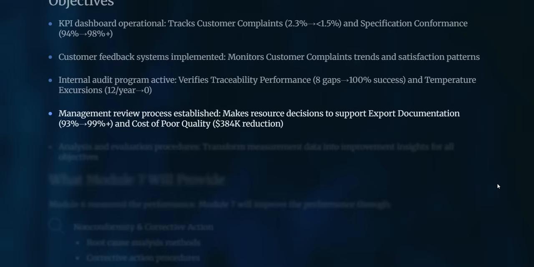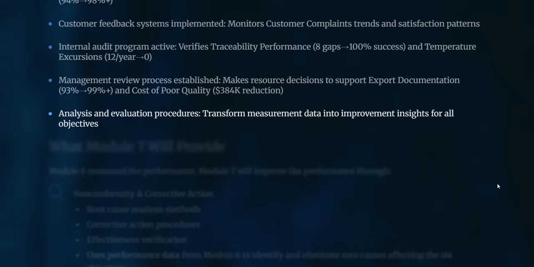Then the management review process has been established, which makes resource decisions to support export documentation accuracy improvement and reduction of cost of poor quality. And then we also have analysis and evaluation procedures to transform measurement data into improvement insights for all objectives.